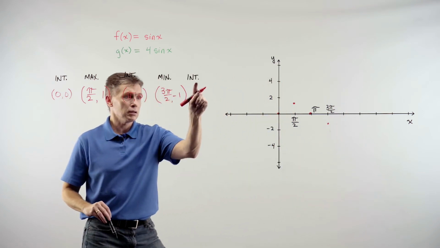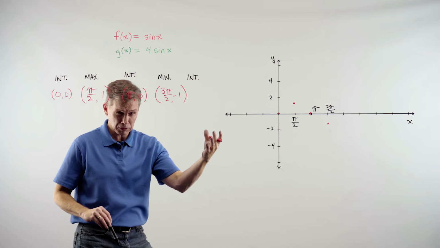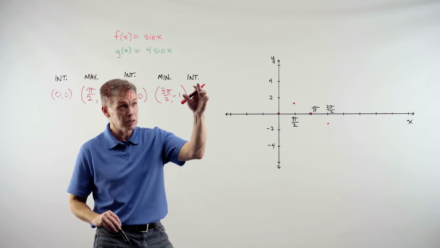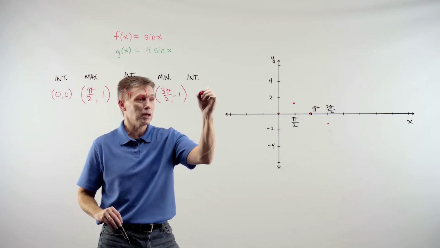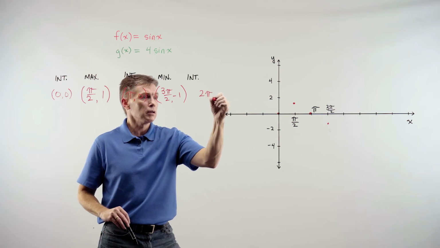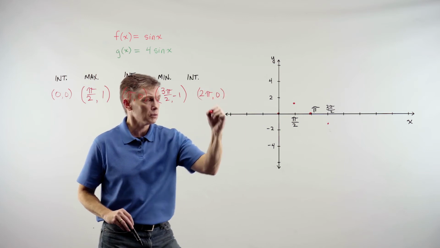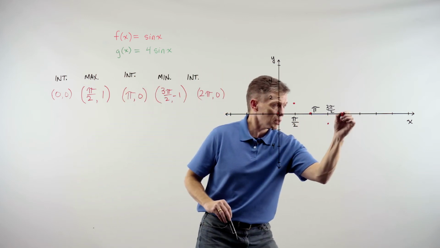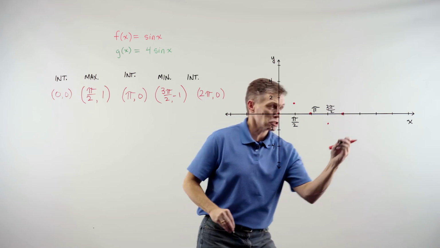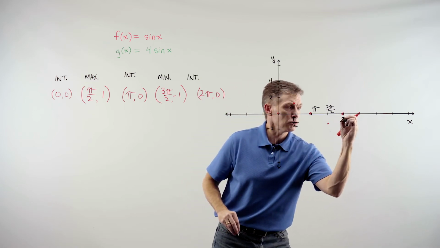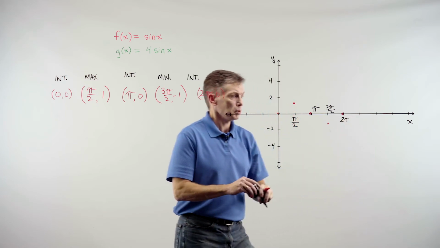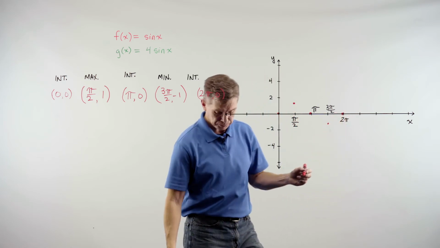And the last key point in the first period of a sine graph is another intercept at 2 pi, 0. So right there, I now know for sure I want to label this x value as 2 pi and plot the y value of 0.